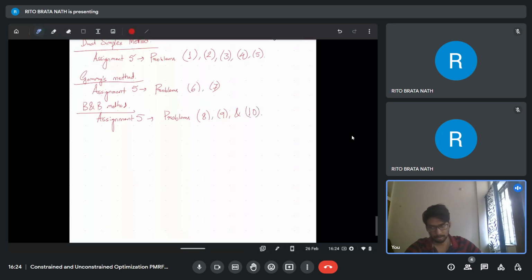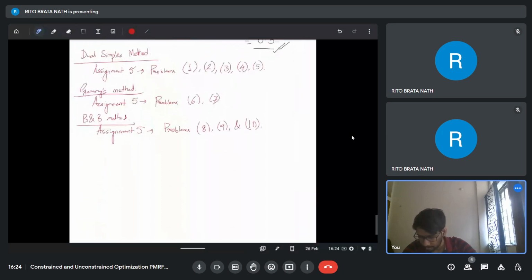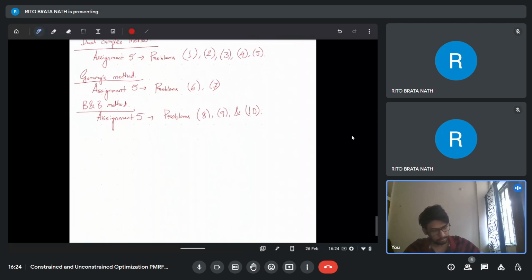Okay, so let's do it one by one. First is the dual simplex method. Let me solve a similar problem. For simplicity, let's take two variables.